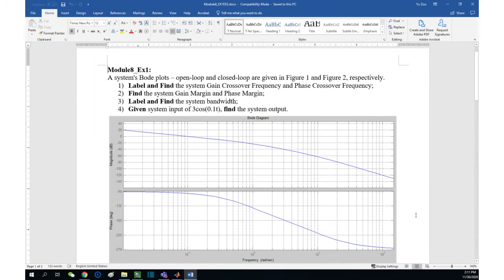Today, probably we are able to finish half of example 1. So here, example 1, the system Bode plots, including both open and closed loop, two Bode plots. And in each one of them you have magnitude and phase, right?